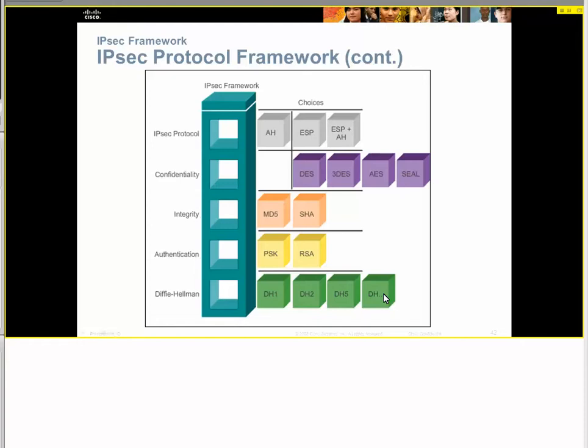The trick is that whichever one of these you select and put into the proper hole on one side, you've got to put the same in the other hole on the other side. So you've got to set up all the right cryptographic configurations on both ends.